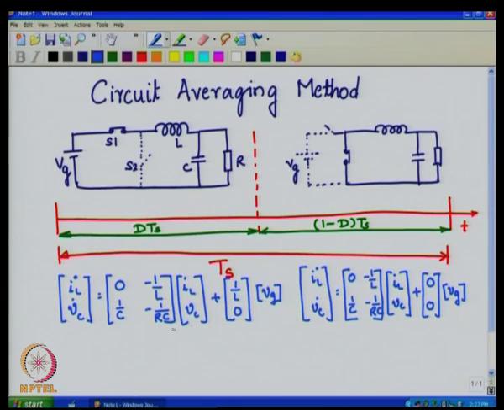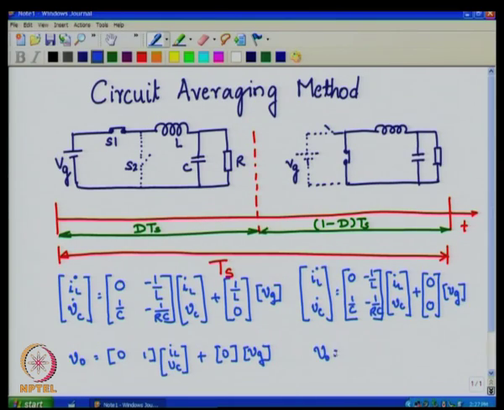So, these are the two state equations for the two modes, and the output equation, we said the output is V naught equals 0 1 times IL and VC, the state vector, plus 0 times VG.